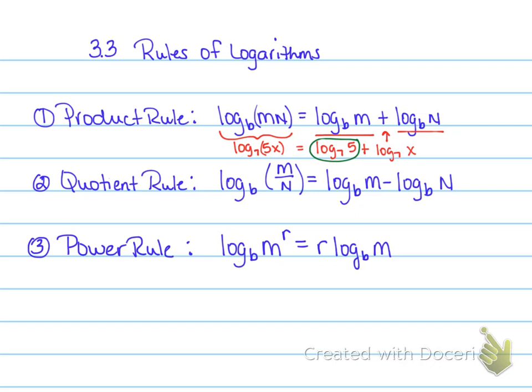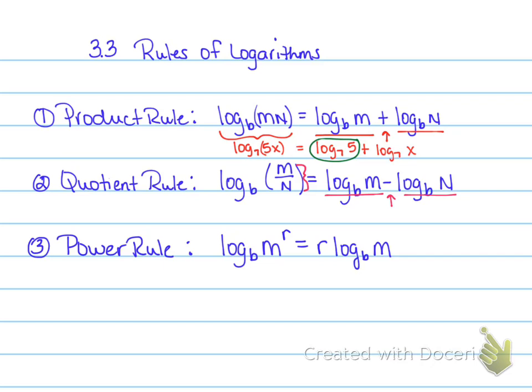All right, then we have our quotient rule. Our quotient rule says that if we have log base b of two things being divided, just like with the exponents, when you divide, you subtracted the exponents. Well, here when you're dividing, you're going to separate it by taking log base b of the top minus log base b of the bottom.